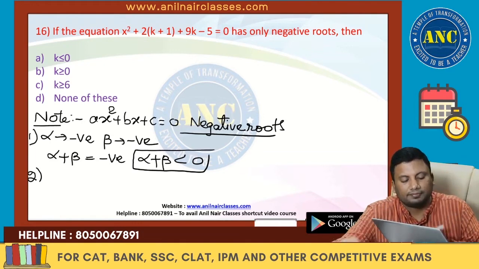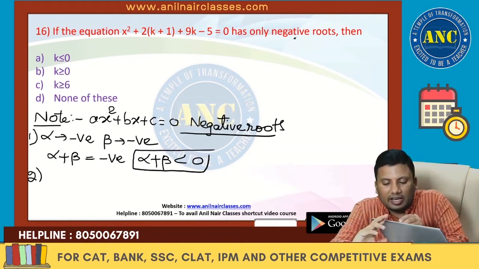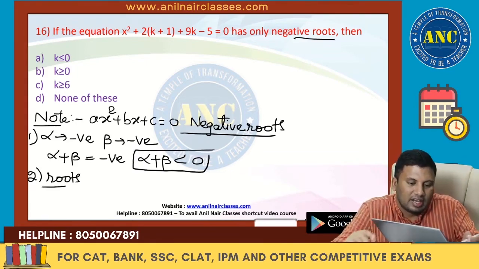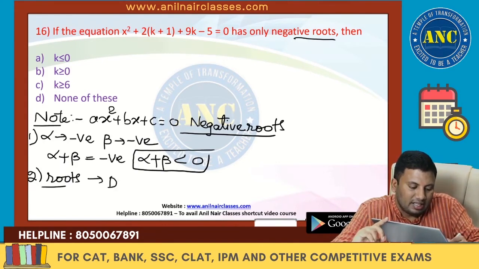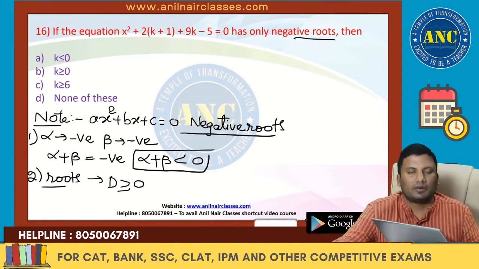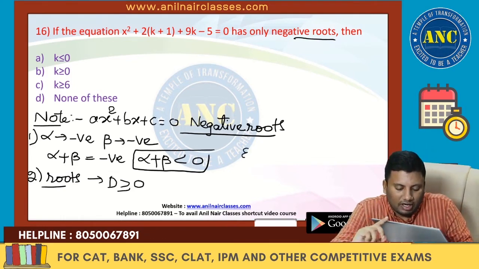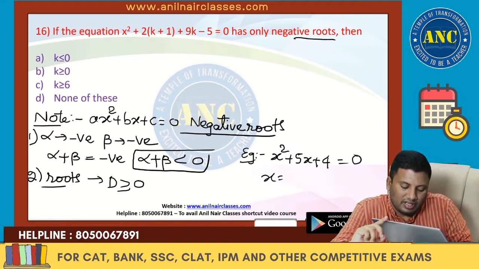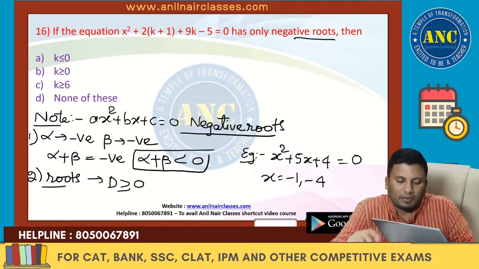Second condition, because it has got roots, a root is a point which touches the axis, so the discriminant should be greater than or equivalent to 0. And to discuss the third one, let us take this example, x square plus 5x plus 4. The roots of this equation are -1 and -4.